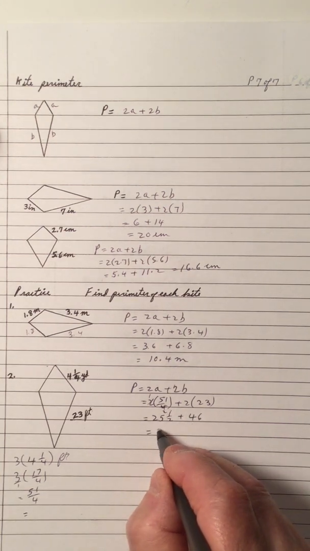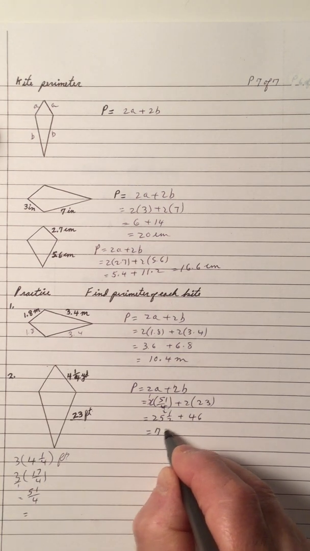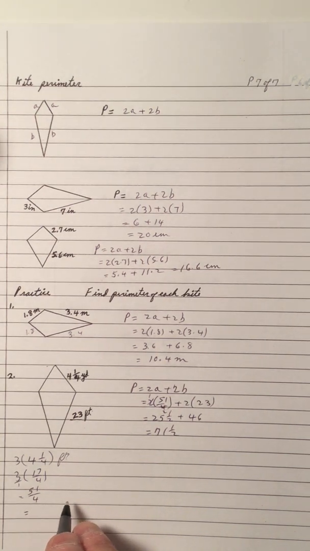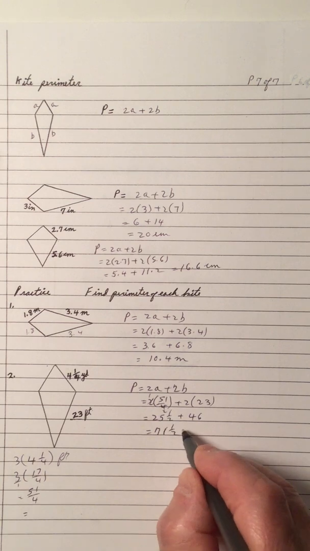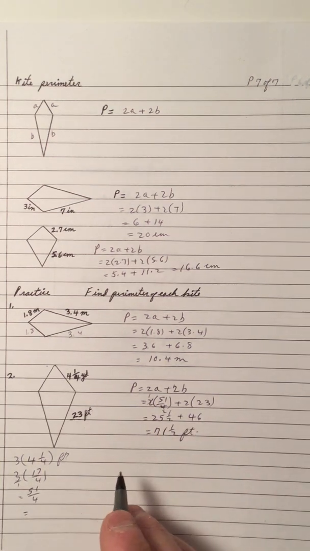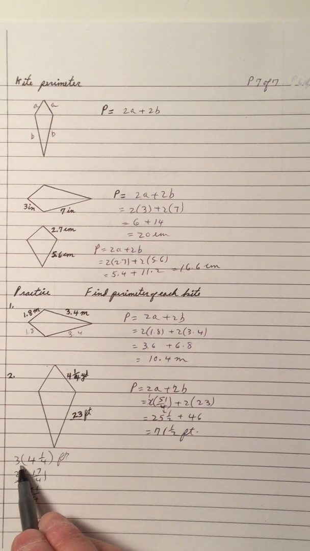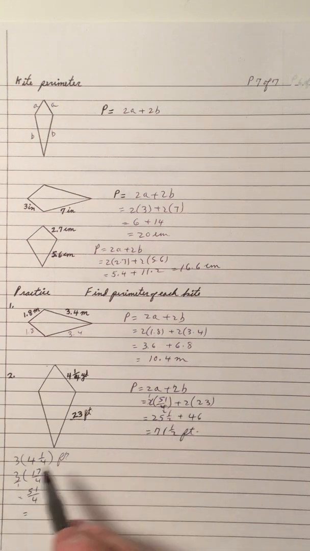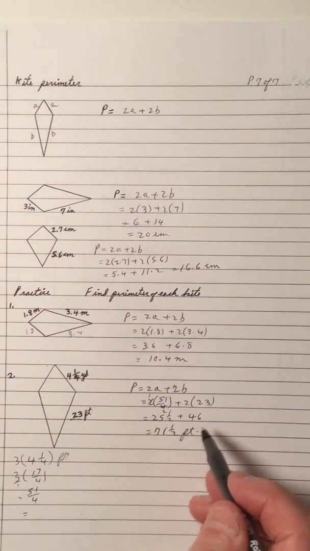And that adds up to be 71 and a half. And I converted to feet. So note, there's 3 feet in the yard, so we multiplied and got 51 over 4, doubled both of them, and we got it all in feet.